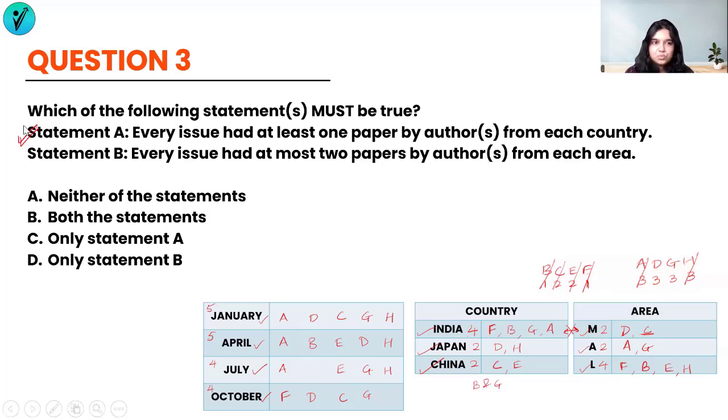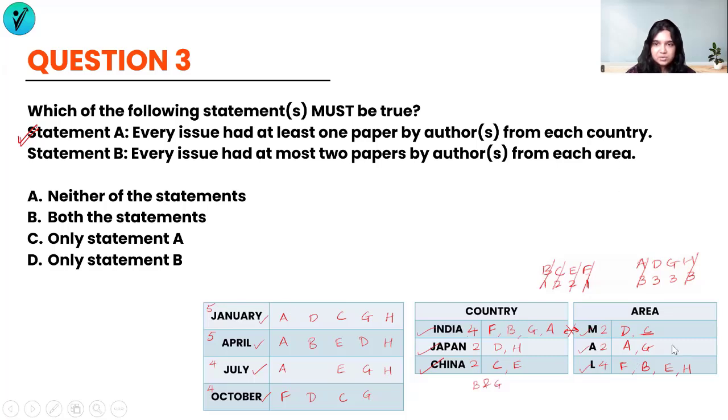Let's take a look at statement B. Statement B says every issue had at most 2 papers by authors from each area. So at most 2 papers means a maximum of 2 papers from each area. It could be either 0 or 1 or 2 from each area.